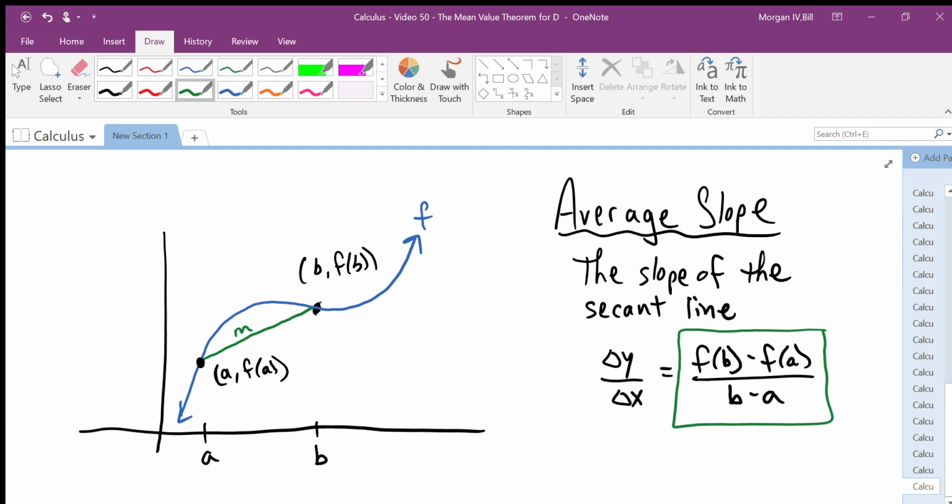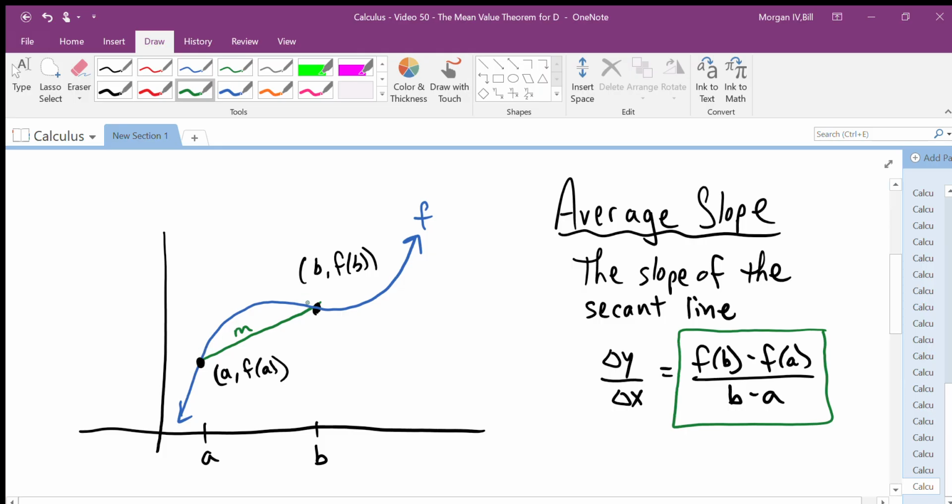As long as your function f is continuous on the closed interval [a, b] and differentiable on the open interval (a, b), meaning that you can take the derivative at every point in the interval from a to b, there are no sharp points or things like that, okay? As long as the function f is continuous on [a, b] and differentiable on (a, b) with parentheses, we will get some value c in between a and b such that this happens.